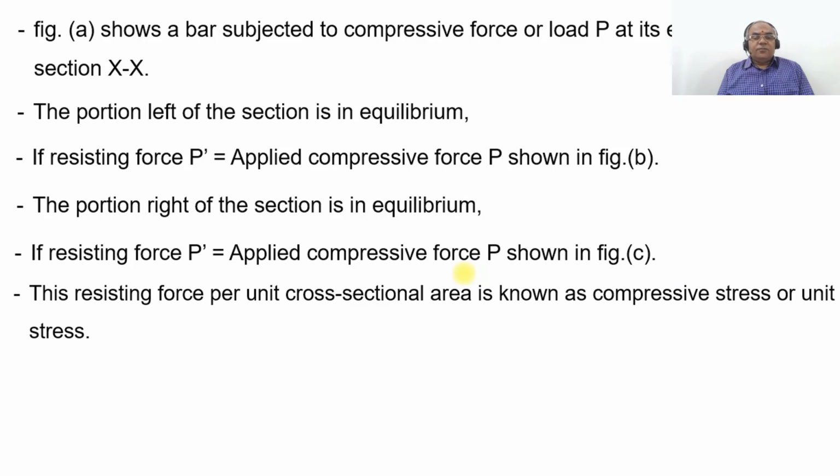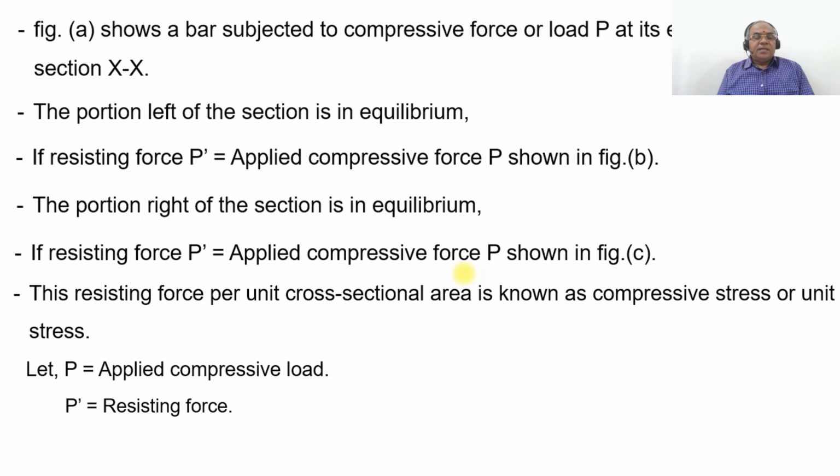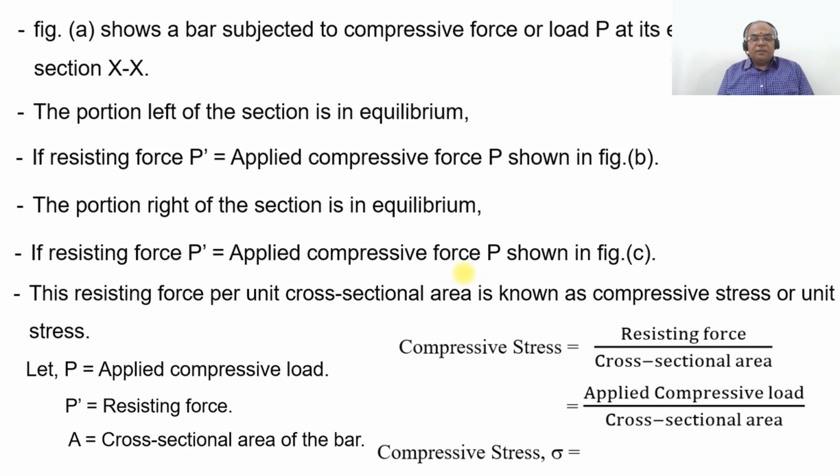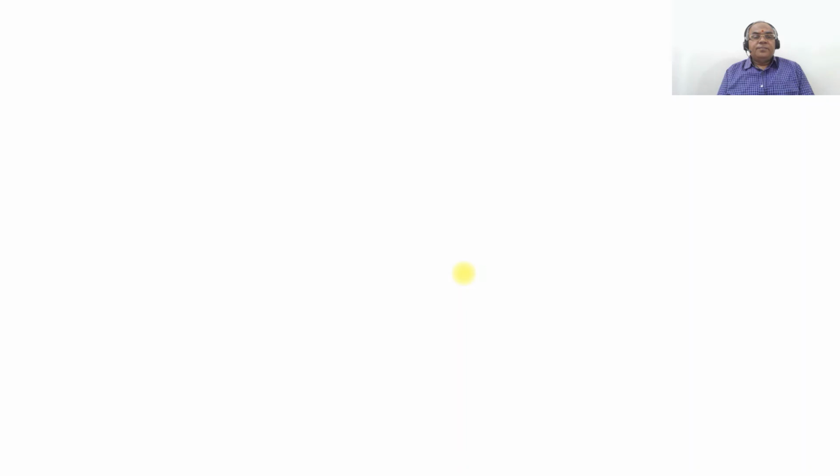The resisting force per unit cross-sectional area is known as the compressive stress or the unit stress. Let P be the applied compressive load, P dash the resisting force, and A the cross-sectional area of the bar. Then compressive stress sigma equals resisting force divided by cross-sectional area, which is sigma equals P by A, because P is equal to P dash.